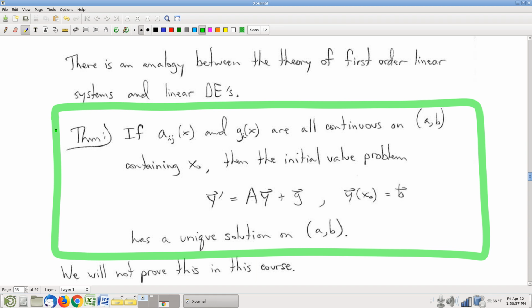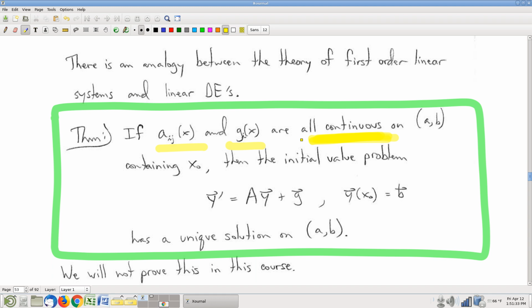Okay, but we wrote down an existence and uniqueness theorem that says that if certain nice conditions are satisfied, then it works out just like you would want every time. There's always exactly one solution. So here's the chapter 6 analog. If those coefficient functions and your, what I like to call right-hand side functions, are all continuous. We're not going to prove this theorem because it's beyond what we can do in this course.